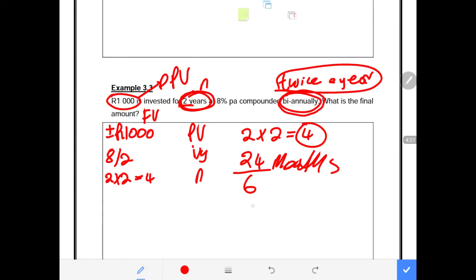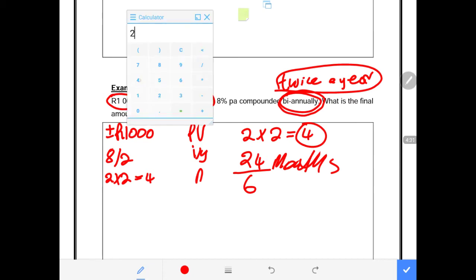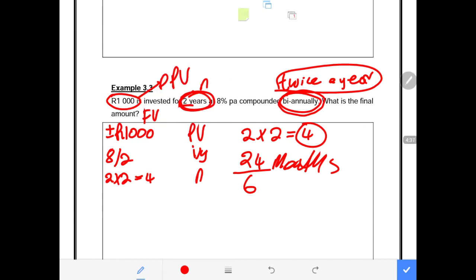So now if you say 24 divided by 6, this should also give us 4. Let us say 24 divided by 6, this is giving us 4. So either way, whether you are dealing with the number of months or with years, you still get to the same n as 4. But if n is in years, which is 2, you multiply by the number of compounds in a year, which is 2, in order to get 4.